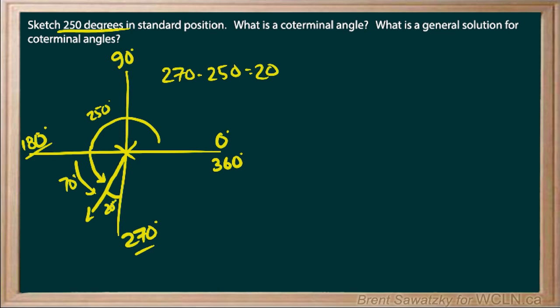All right, so we got a nice diagram. We're ready to go. Okay, so coterminal angle. Now, we have an infinite number of solutions for this first part. That is, what is a coterminal angle to this 250? One easy one to choose is to go negative to this same location.